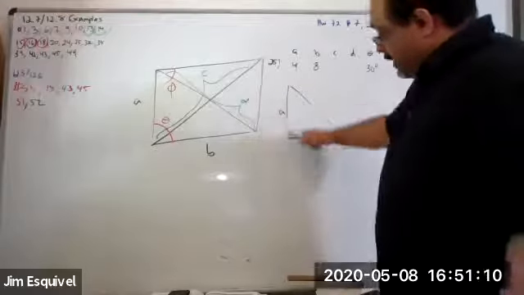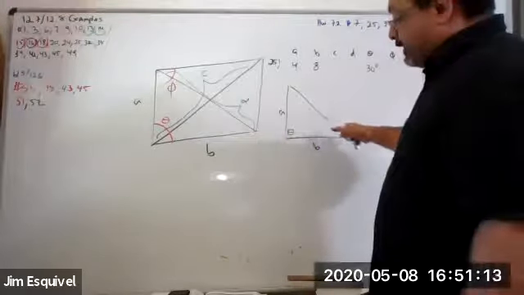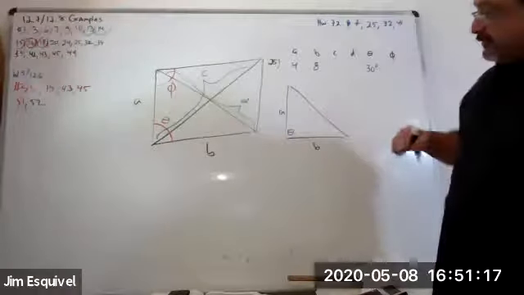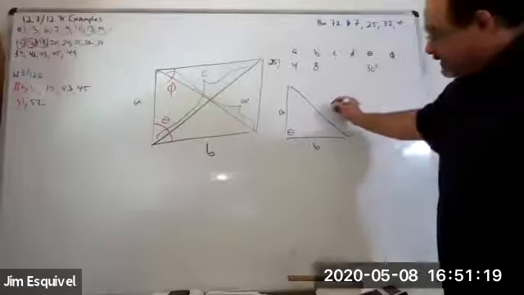In that little triangle that I just pulled out of that parallelogram, what is this opposite side labeled? D. It's the D.